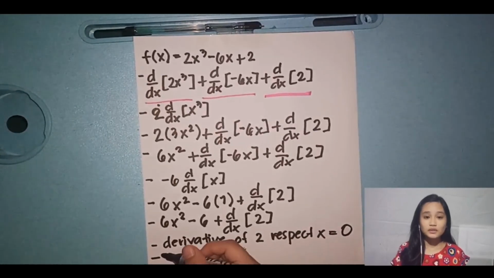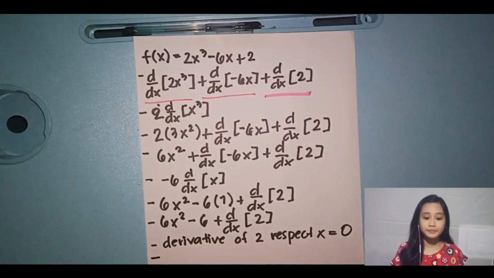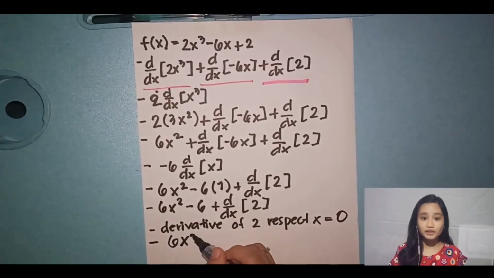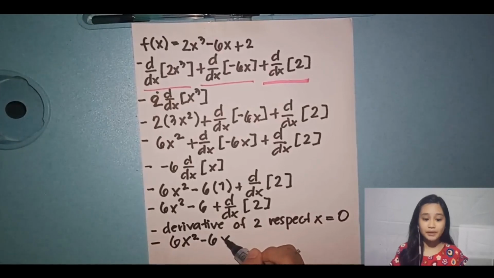So, the equation should be 6x squared minus 6 plus 0.